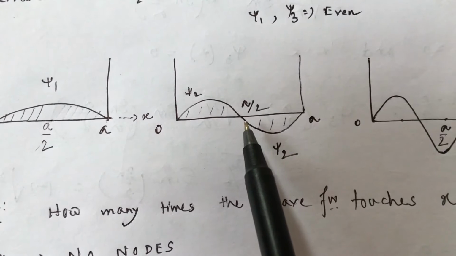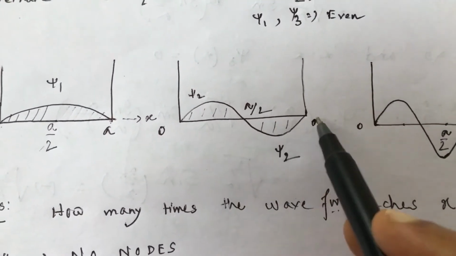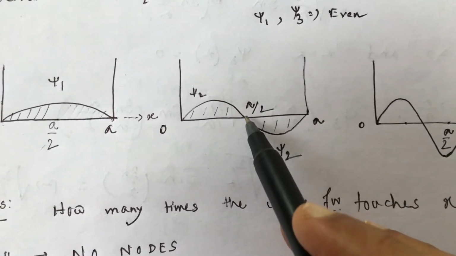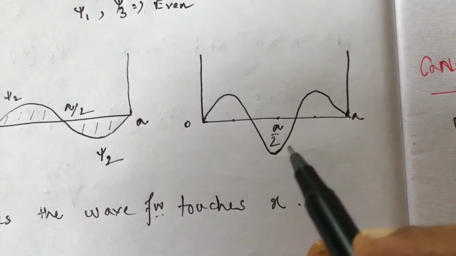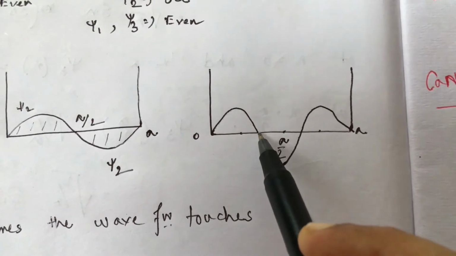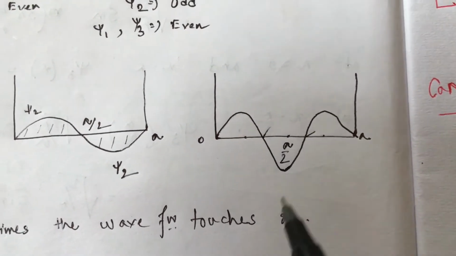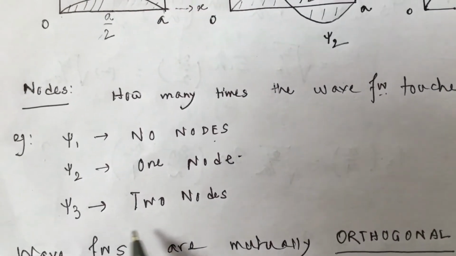But if I look into psi2, then psi2 touches this x-axis only once, which means psi2 has only one node. If I look into psi3, it touches at two places, here and here. So psi3 is having two nodes.